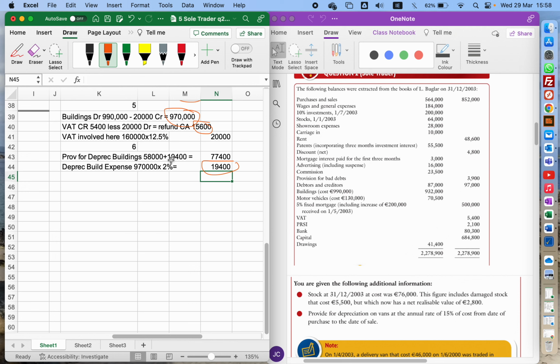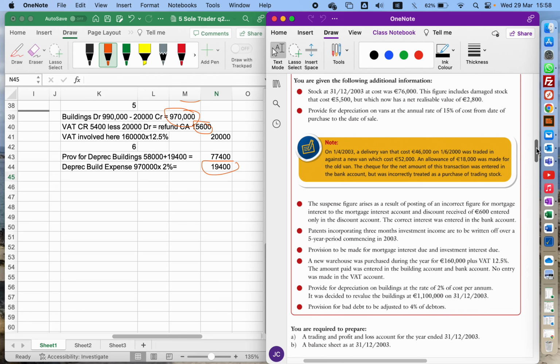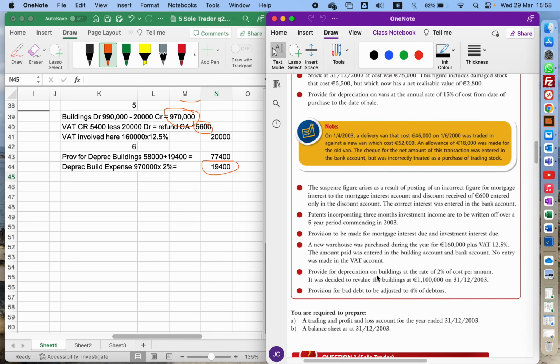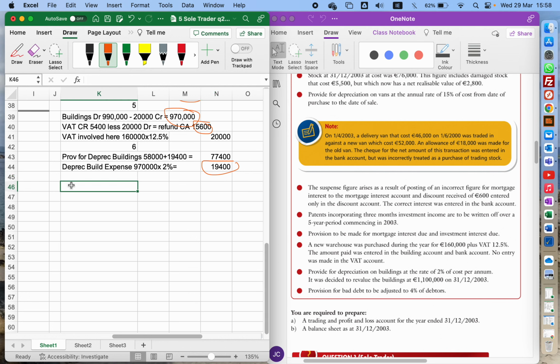Now I'm not circling this one yet because we have to adjust it, because we have to do a revaluation. So we revalue the buildings to 110. So the buildings at present are worth 970. We want to increase them up to 110, so that means we need to add on 130 grand.